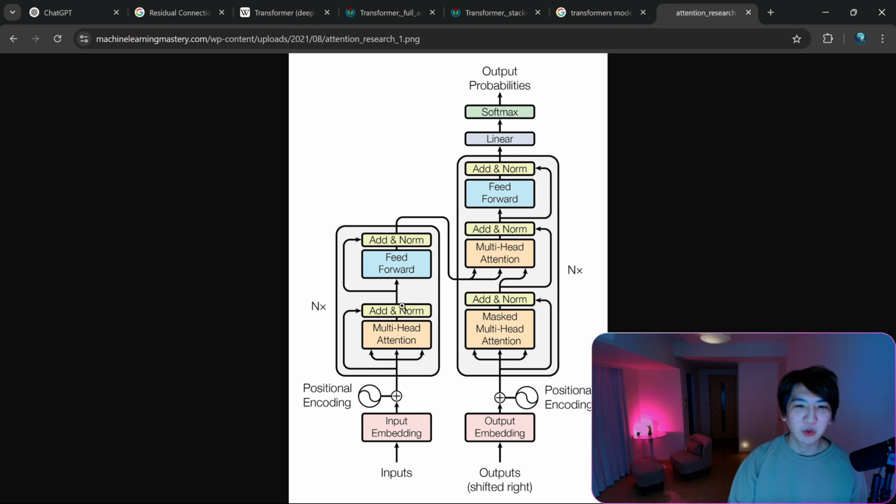And also encoder-only models are used for tasks like sentiment analysis. That's the main idea of the encoder.